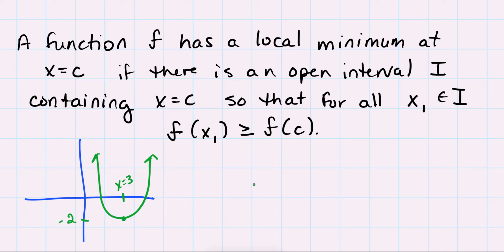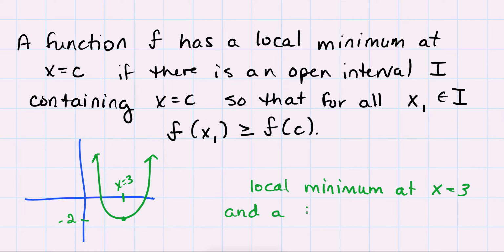So we're going to have a local minimum at x is equal to 3 and a local minimum value of f of 3, which is -2.